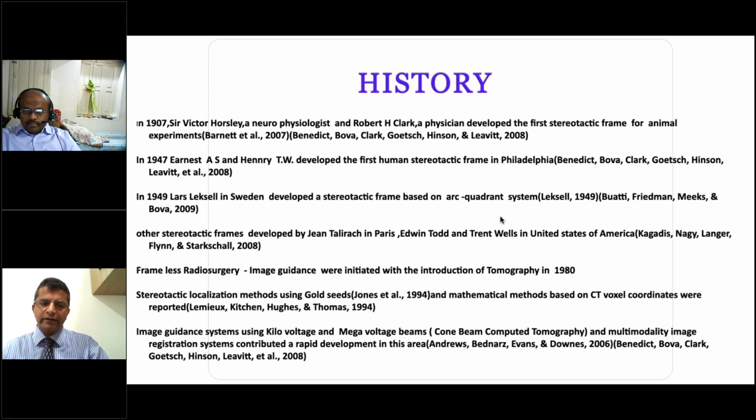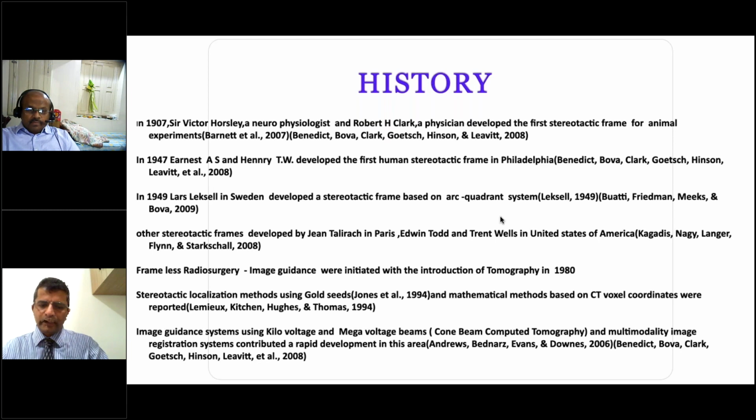In 1949, Lars Leksell in Sweden developed the first stereotactic frame based on the arc quadrant system, which has only positive values. And there are other stereotactic frames developed by Talairach, Edwin Todd, and Trent Wells in the United States of America. Frameless radiosurgery was introduced in the 1980s.